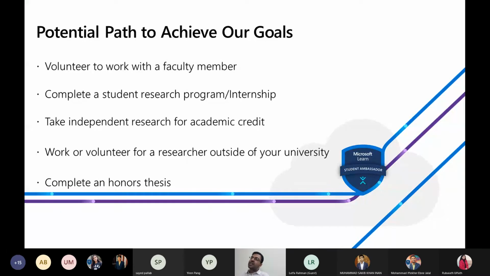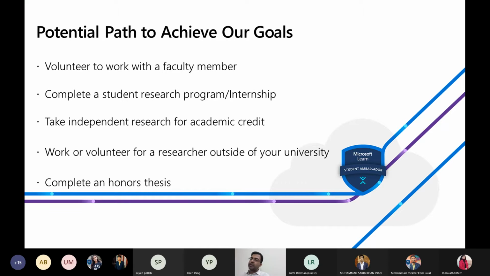Try to find some intern opportunities in your universities. If there are such opportunities, a student research program or internship, apply. The idea of internship is that the people who will hire you know that you know nothing. They will train you. So why not go for it?